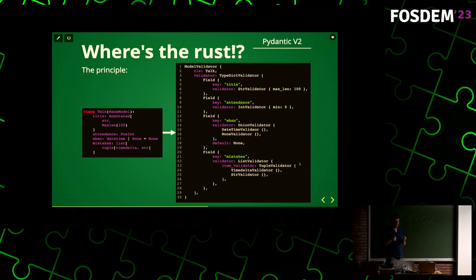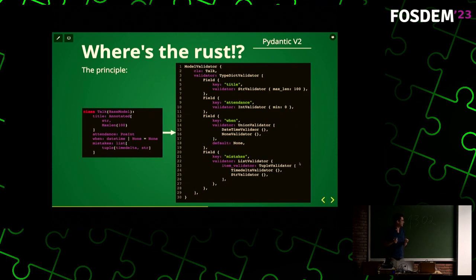In this case, our outermost validator is a model validator, which effectively just instantiates an instance of Talk and sets its attributes from a dictionary. It contains another validator, which is a TypedDict validator, which contains the definition of all the fields, which have effectively the key that they're going to look for, and then a validator that they're going to run.